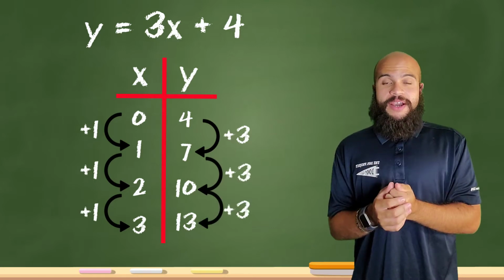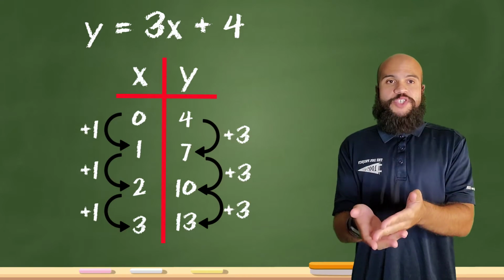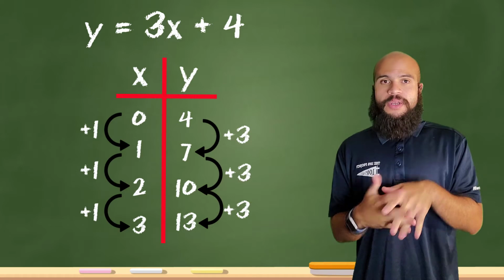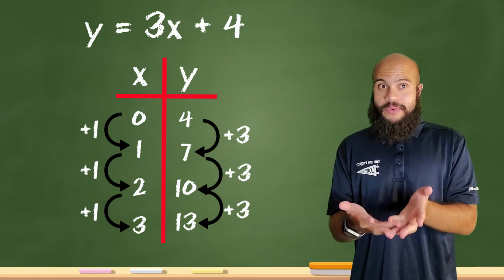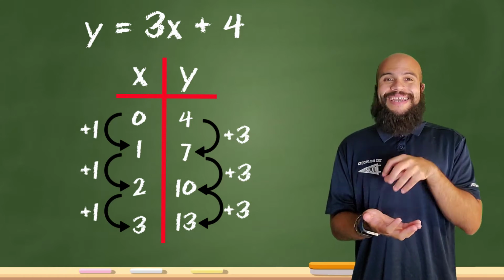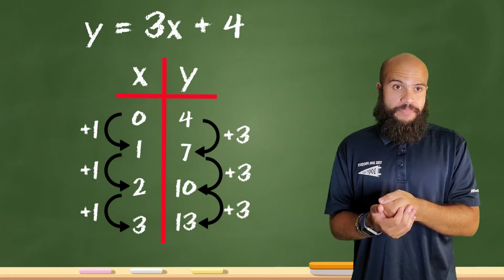And that 3 comes from the fact that that represents my slope or rate of change. So the equation y equals 3x plus 4 basically means that I start at the value 0, 4, that y-intercept point, and then increase by 3 each time my x value increases by 1.